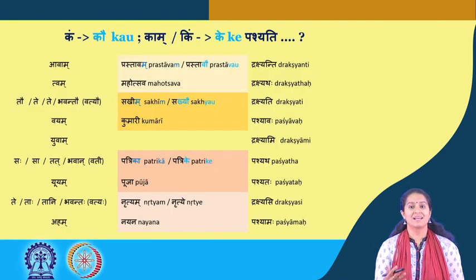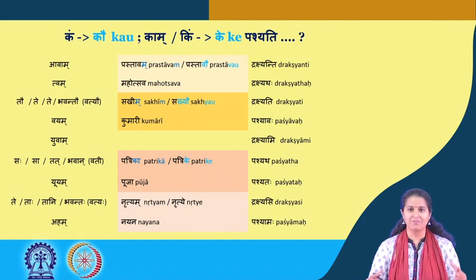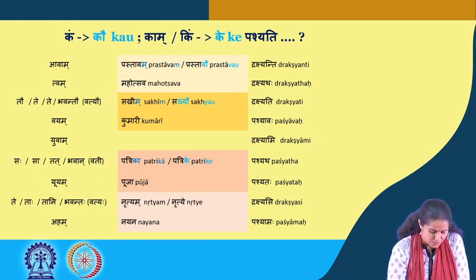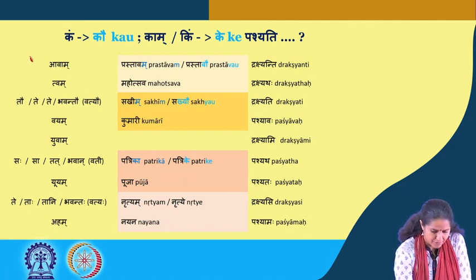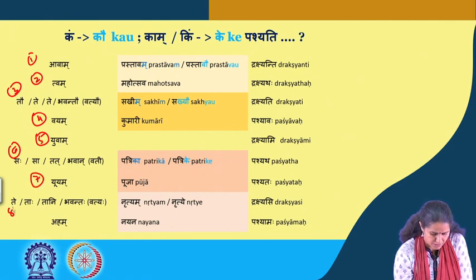Alright. So let's apply it in a game like we've done in the previous lesson, and here there is no color code for the pronouns and the nouns, for the pronouns and the verb conjugations. So let's see what happens. So here we have, let's number it first. We have ekam, dve, trini, chatvari, pancha, shat, sapta, ashta and nava.